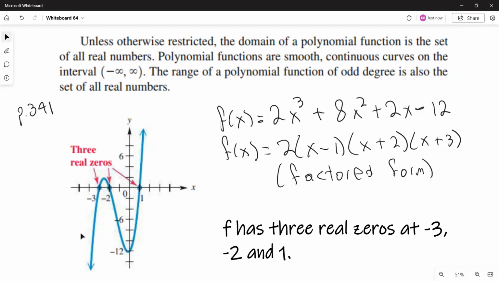And you can see how the graph crosses straight. It passes through (-3, 0), (-2, 0), and (1, 0). And also the y-intercept, you can quickly see that is -12, either from the formula or from the graph.